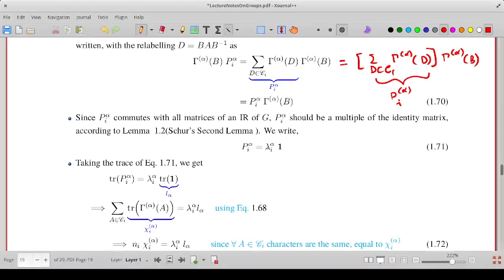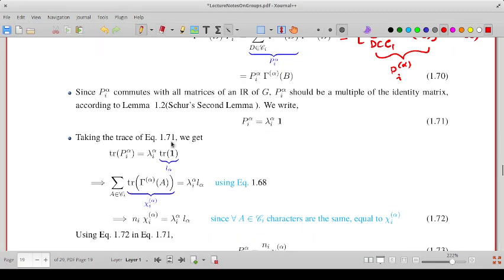We now try to find the value of this number lambda alpha I. For that, we take the trace of this equation. So the trace of P alpha I is lambda alpha I times the trace of this identity matrix. This has order L alpha, and therefore the trace of this identity matrix is simply L alpha.